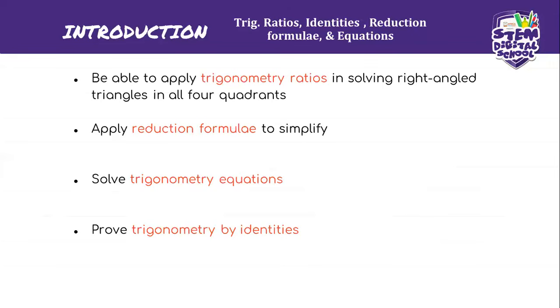You must be able to apply the reduction formula to simplify and solve trig equations. And the last point, you must be able to prove trigonometry by using what? Identities.